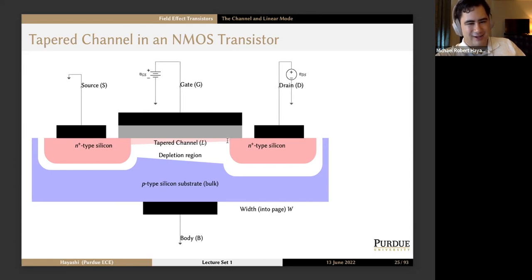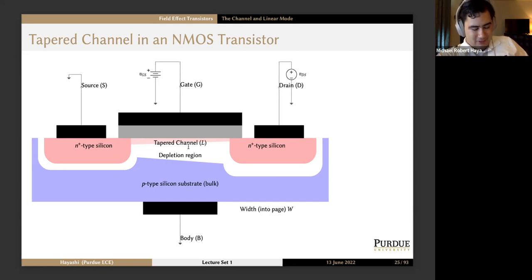So that means that the channel is going to be shallower here. And then as we increase VDS, this part is going to get shallower and shallower, while the source side stays at the same thickness as it normally is because it stays grounded.